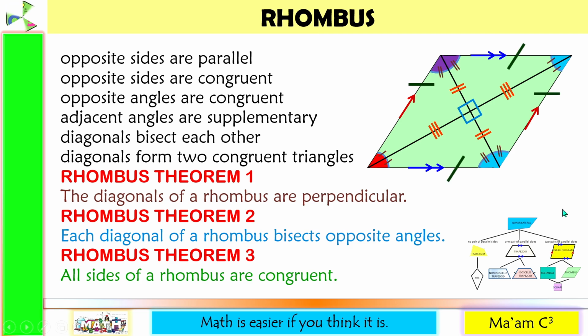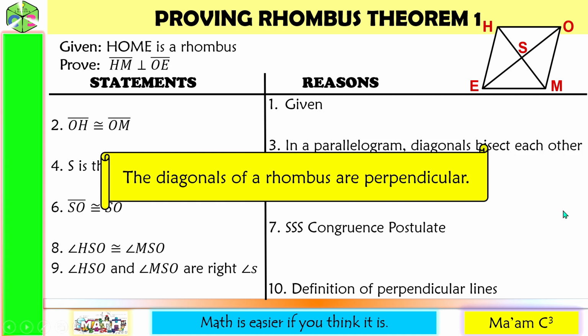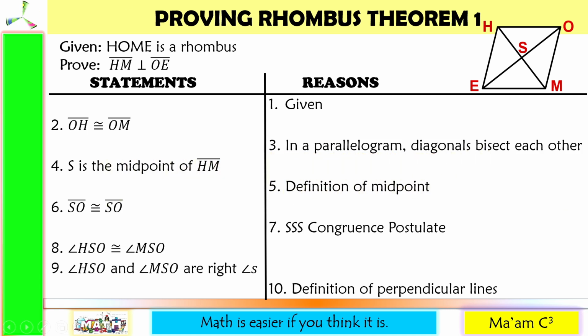Let us start proving. Rhombus theorem number 1. Again, the diagonals of a rhombus are perpendicular. So I have here HOME is a rhombus. We're going to prove that line segment HM is perpendicular with line segment OE.